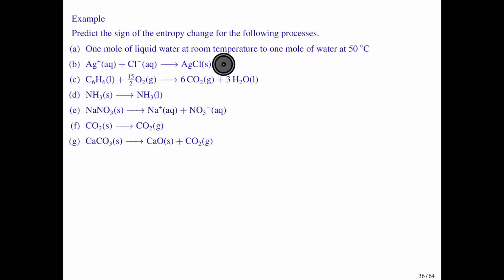And so we would say that the solid has a lower entropy than the ions that are moving around in the aqueous phase. And so this would correspond to a negative delta S.